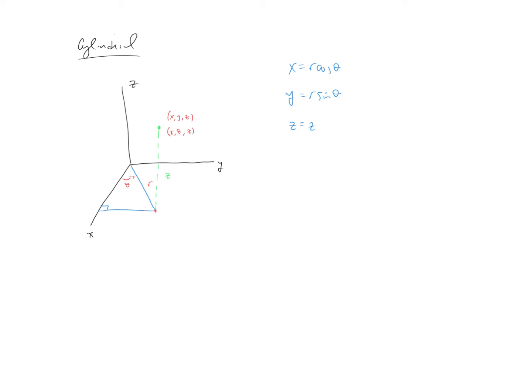We could also carry it a little bit further and say that r equals the square root of x squared plus y squared, and that tangent of theta is y over x. None of this information is new to you, but it is going to be important when it comes to converting from one coordinate system to another, so it's worth pointing out as a review. But cylindrical coordinates, again, are pretty straightforward, assuming you have a good handle on polar.